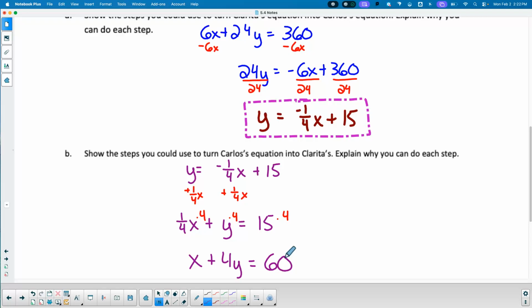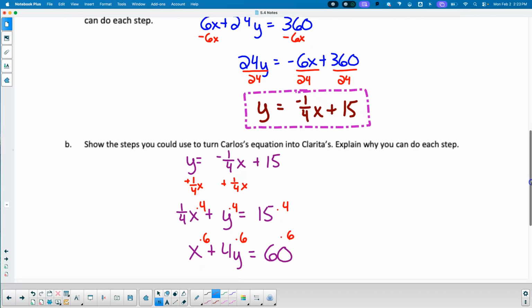We've gotten rid of our fractions. Okay? But is this still Clarita's? No. Okay? So if I multiply again by 6, and the reason that I chose 6 is because I looked at Clarita's, and Clarita had 6x to start her equation. Okay?